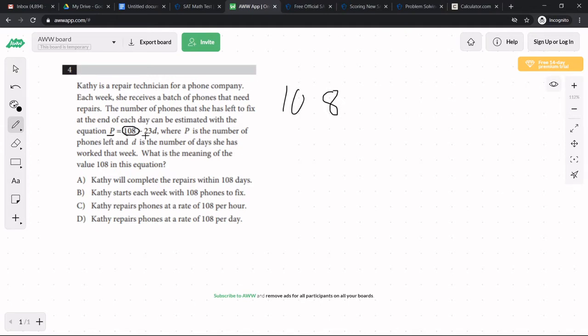We know this because the only number that goes down by 23 times the number of days, the only number that could be, is the number that she starts with each week. It's pretty apparent that she doesn't repair at a rate of 108 per hour, because otherwise it would be multiplied by D, the number of days.